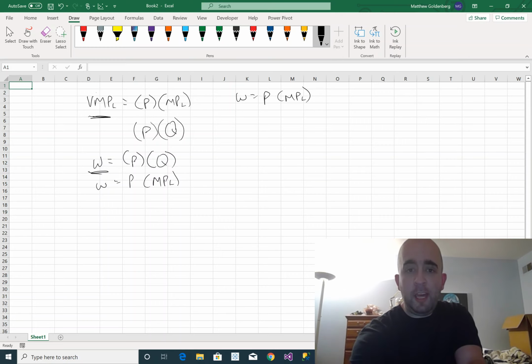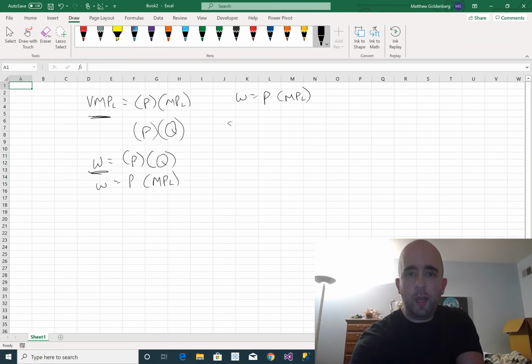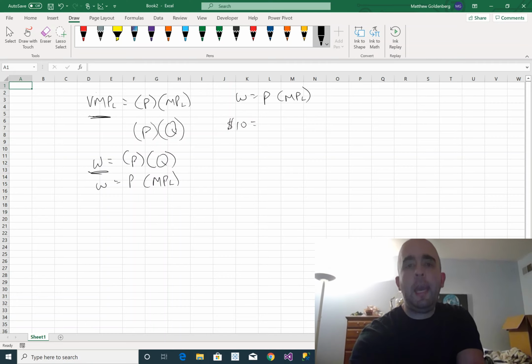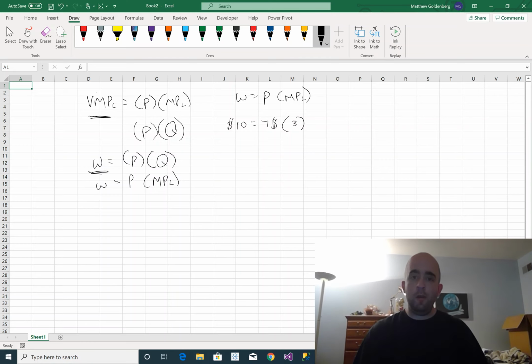You could have an occasion where our wage per McDonald's employee is $10 an hour, and hamburgers on the open market are $7 each, and this person produces 3 hamburgers. If you hired someone else just now, they would be able to produce 3 more hamburgers every hour.